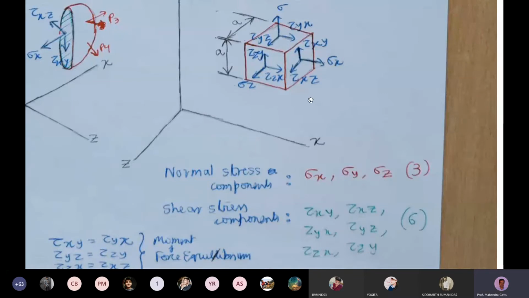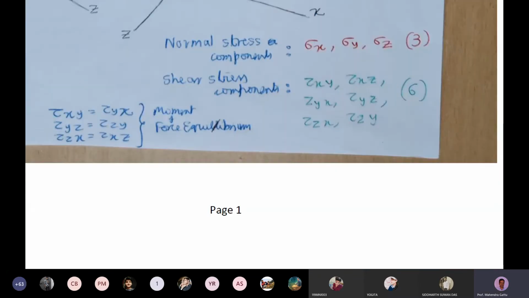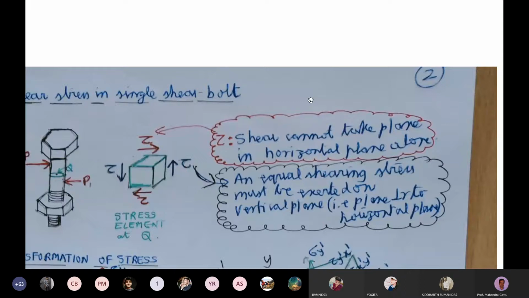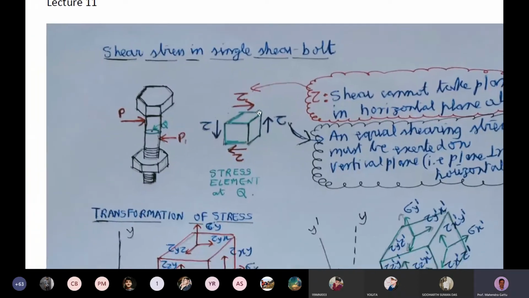So what we'll do, we'll just look at shear stress one more time carefully. So here we have a bolt which is subjected to this shear force. There is a single plane of shear, and that single plane of shear is shown by this green circle.